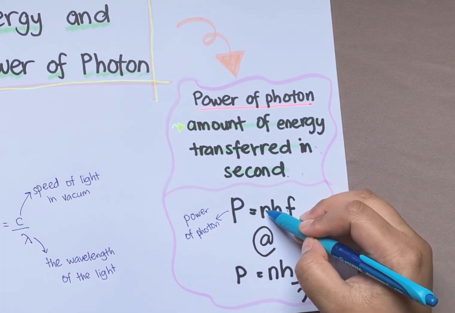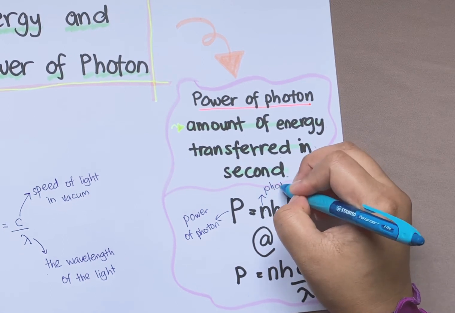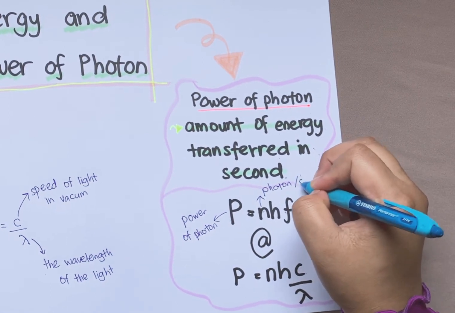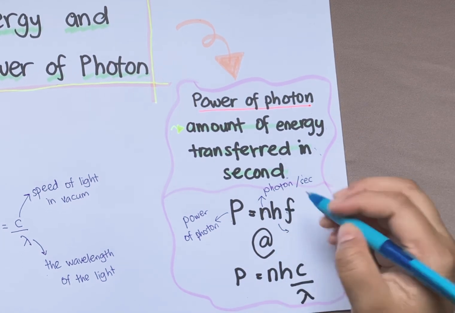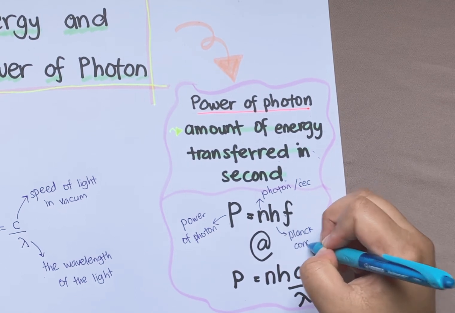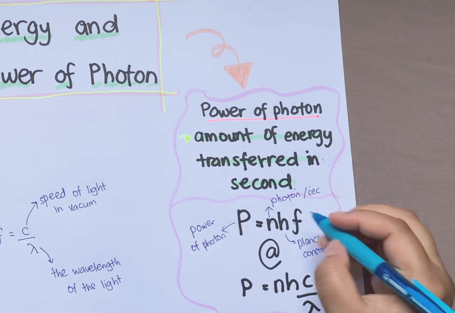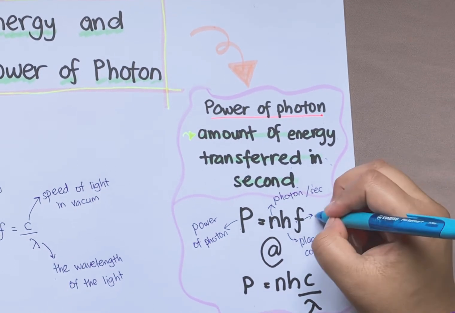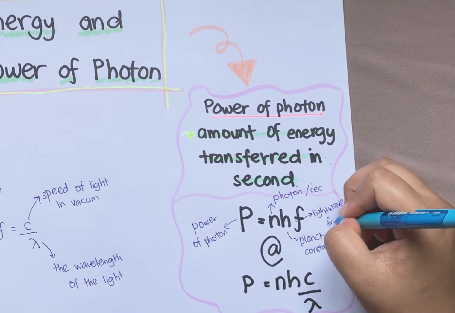N is the number of photons per second. H is the Planck constant. And F is the light wave frequency.